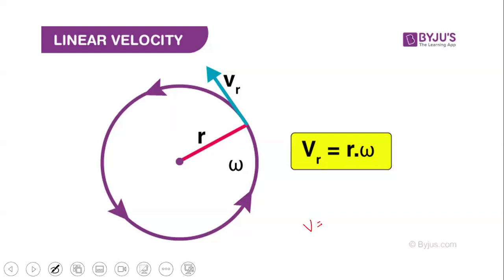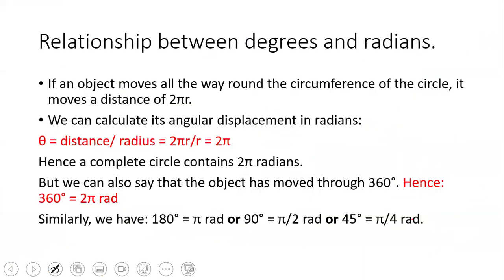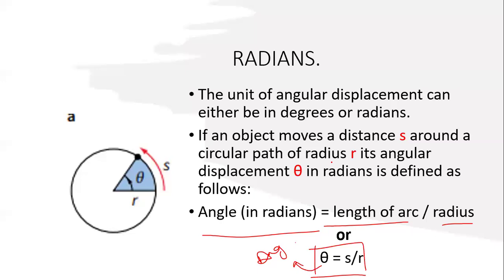You know that constant velocity is equal to distance over time, right? And if you remember, I told you that the formula for radians is equal to S over R, where S is the arc length. Arc length is the distance, not the displacement.